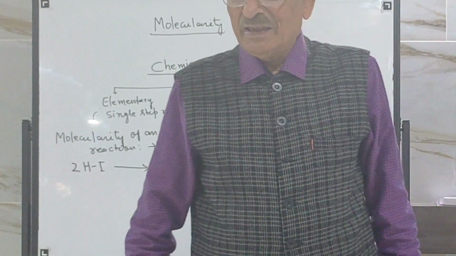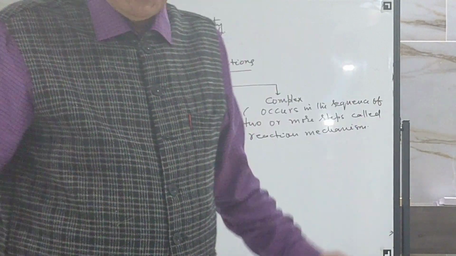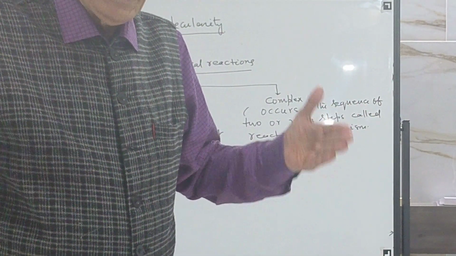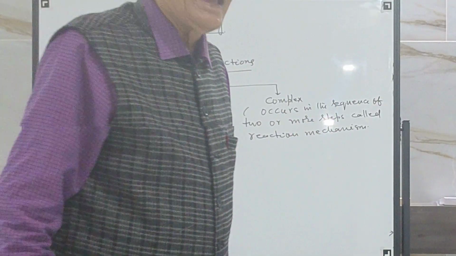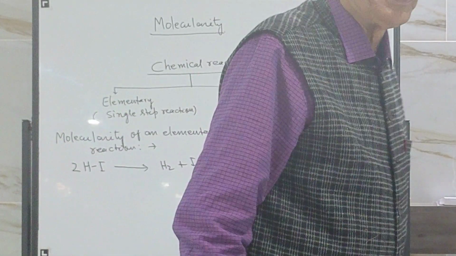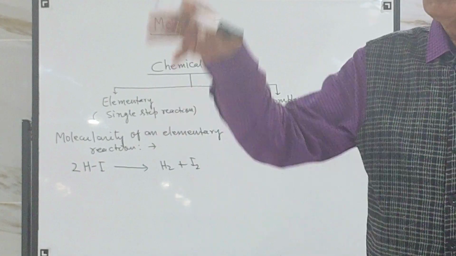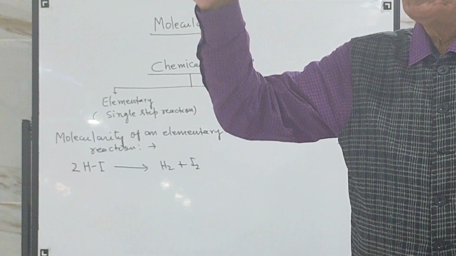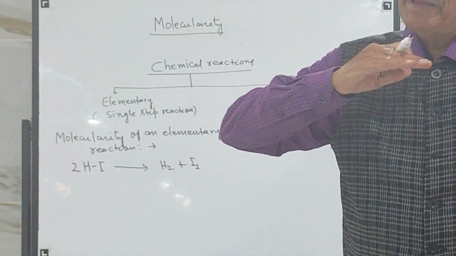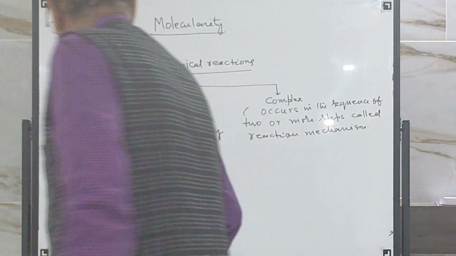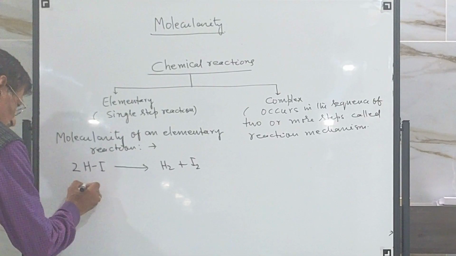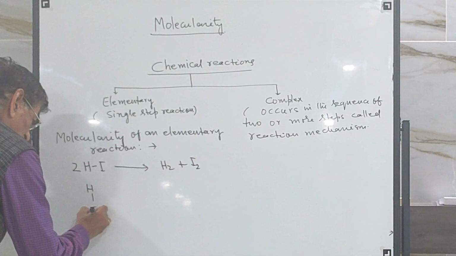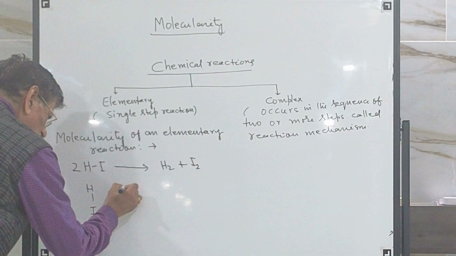Transition state is a state in the reaction path between reactants and product, in which bond breaking and bond making are taking place simultaneously. The energy released in the making of bonds is utilized in breaking the bonds. Say this is one HI molecule, and this is another HI molecule.